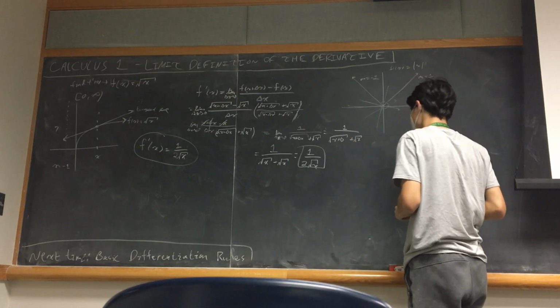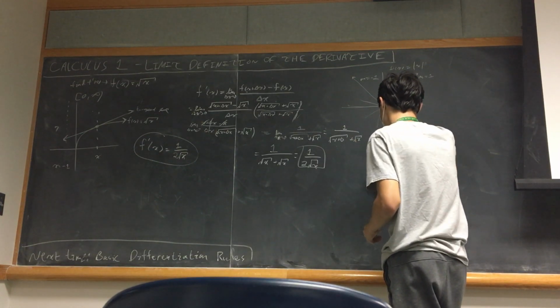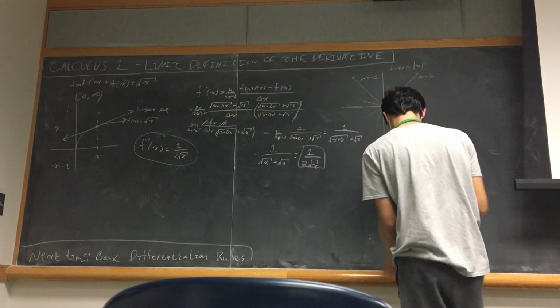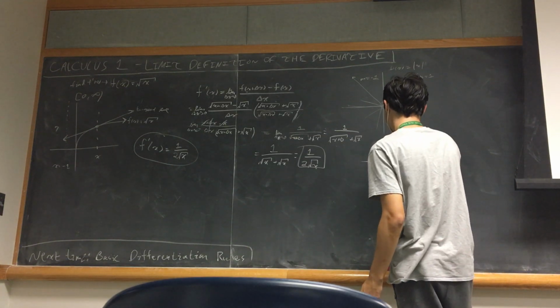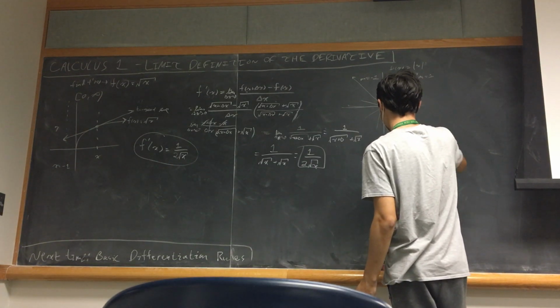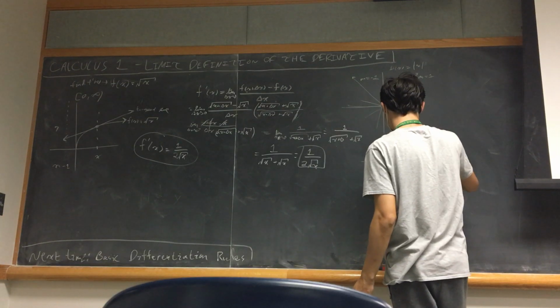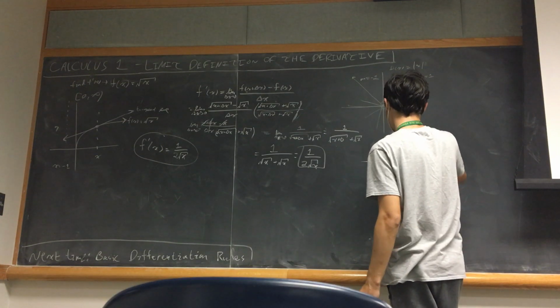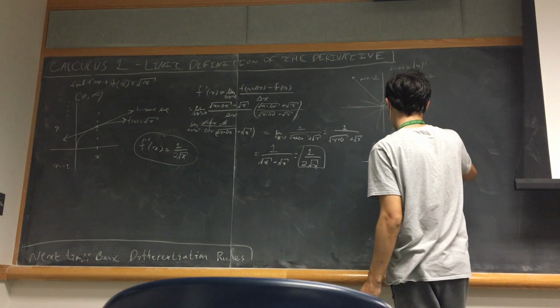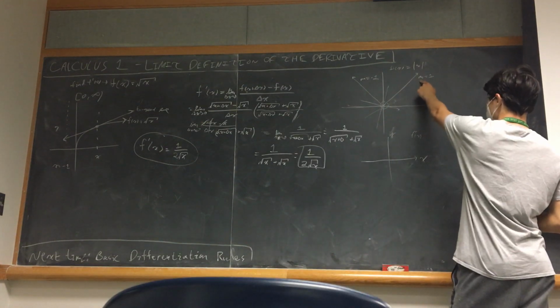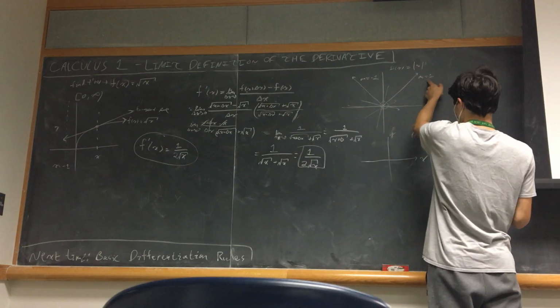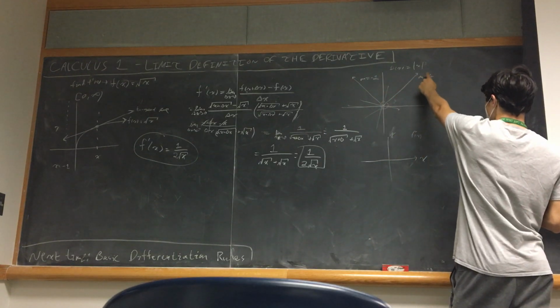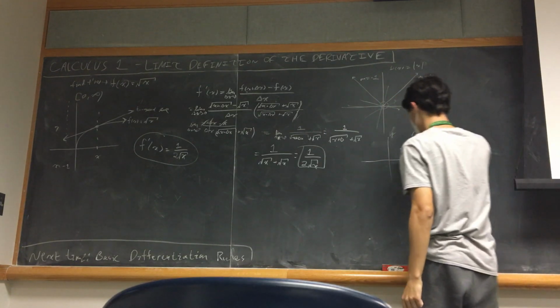And let me illustrate this by drawing the graph here of f prime of x. So we know that the slope, which is f prime of x, from 0 to infinity is 1.